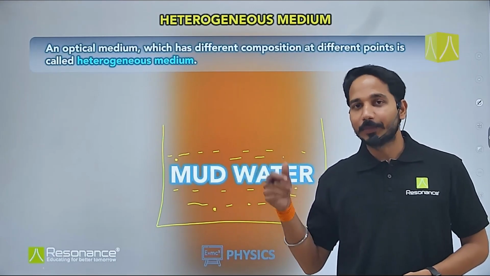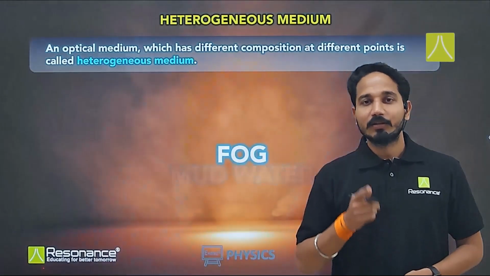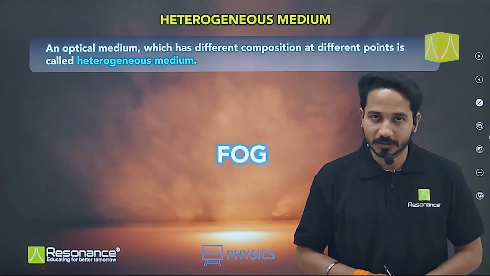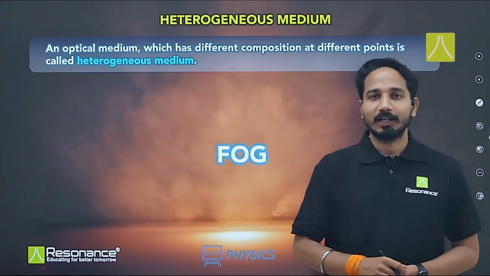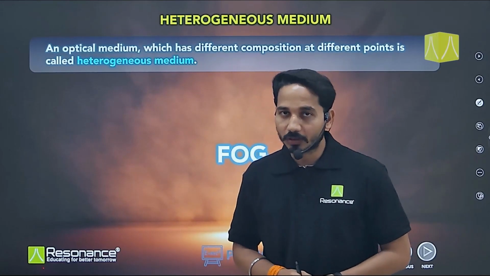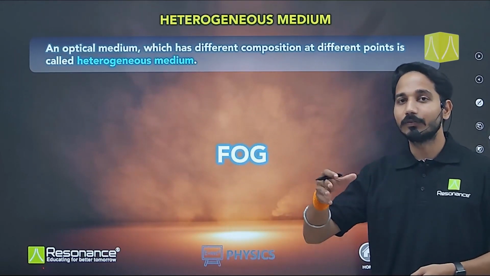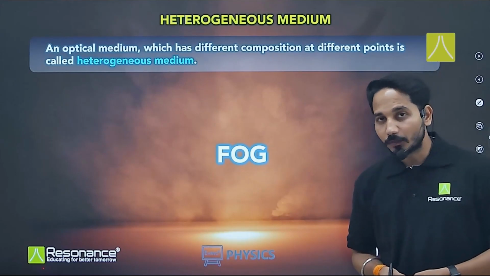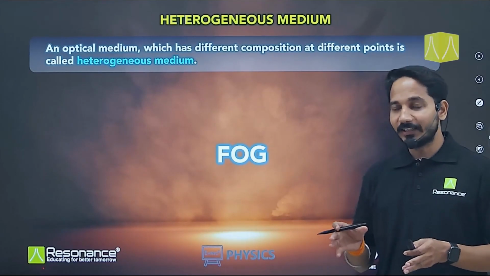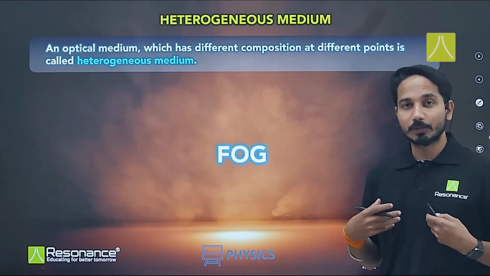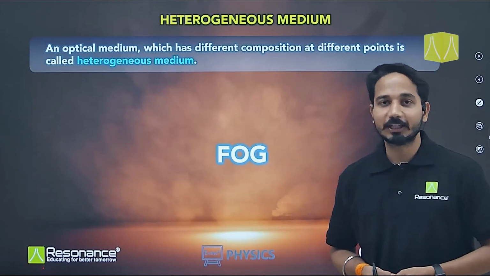You can understand it by taking another example, like fog. Have you seen fog in the winter season? Yes, definitely. When we observe fog, it is not the same everywhere. When you are moving on foggy days, at some points it is very dense. We are not even able to see one step ahead.